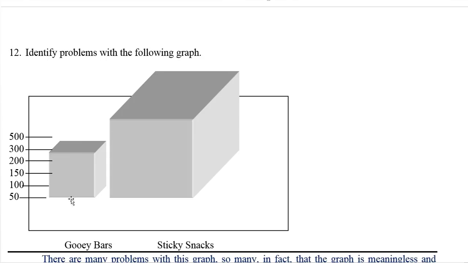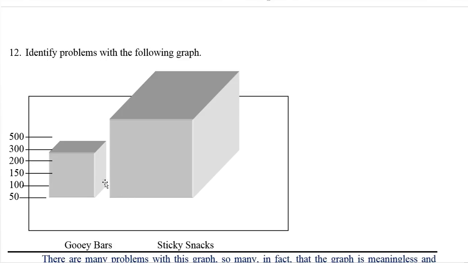First of all, you should start at 0, not at 50. Notice this goes up 50 to 100, 100 to 150, 150 to 200, but then 200 to 300 and 300 to 500 are the same vertical space, but they're not nearly the same amount. Here it's going up by 50s, and this is something else. You should always start at 0. You should always have a consistent scale here.